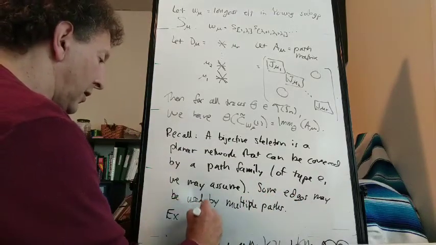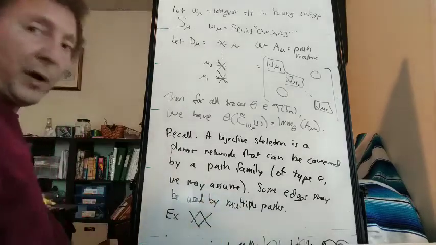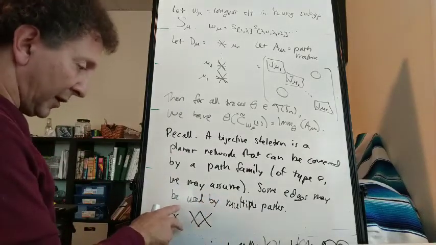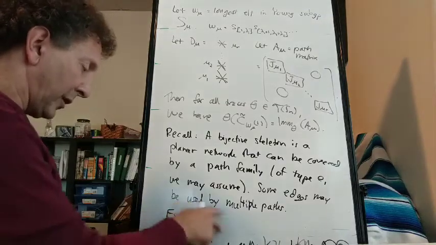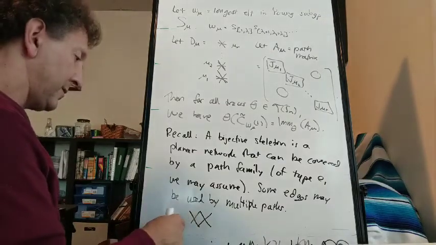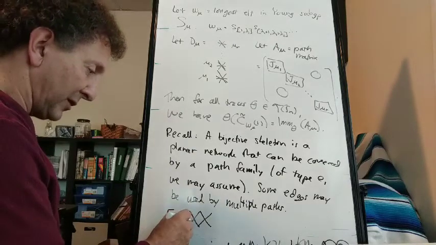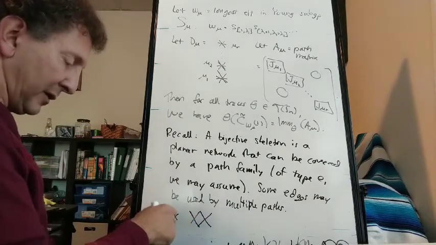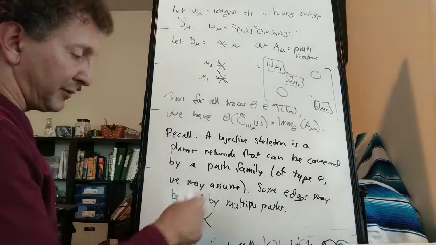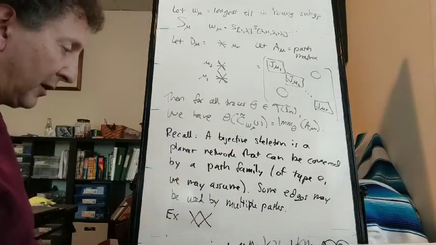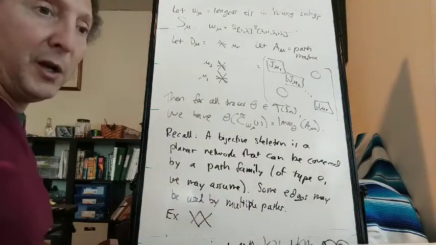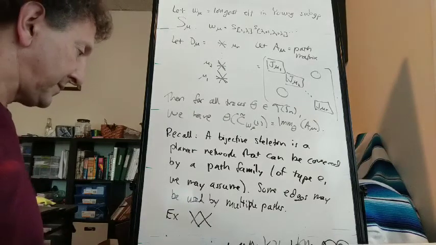So for example, here's one bijective skeleton. You can imagine two paths going across this, and they could end up being type s_1 or they could end up being type e, but we can just assume they're type e, because if we can cover this with a path family of type w, we certainly can cover it with a path family of type e just by requiring that paths never cross.